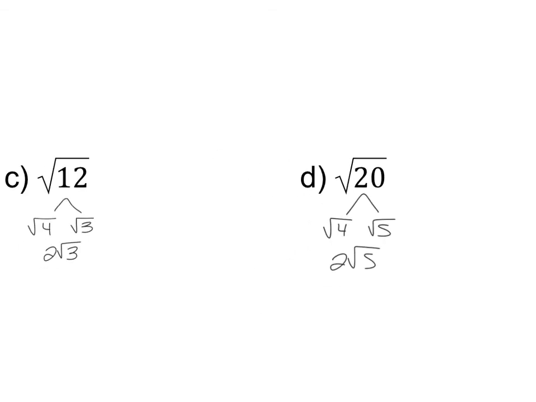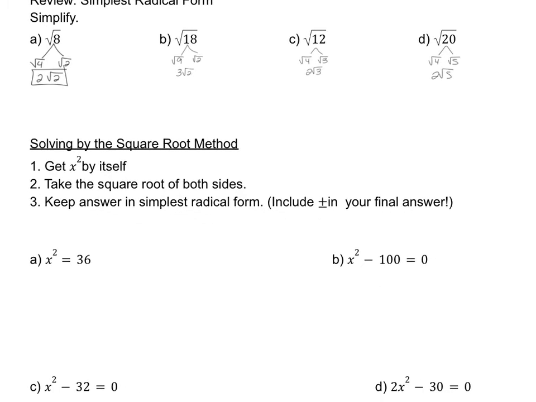Okay, so here's how you solve, and I really enjoy this, by the square root method. So take the square roots of both sides. So first of all, you have to get the x squared by itself on one side. Then take the square root on both sides, and then keep your answer in simplest radical form.